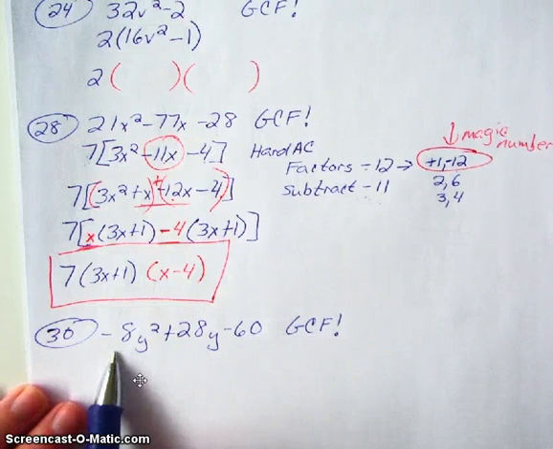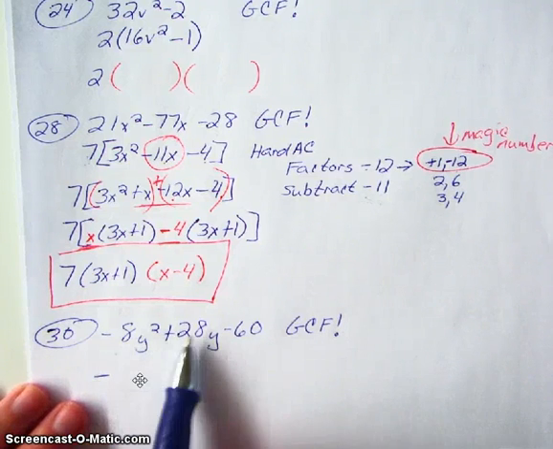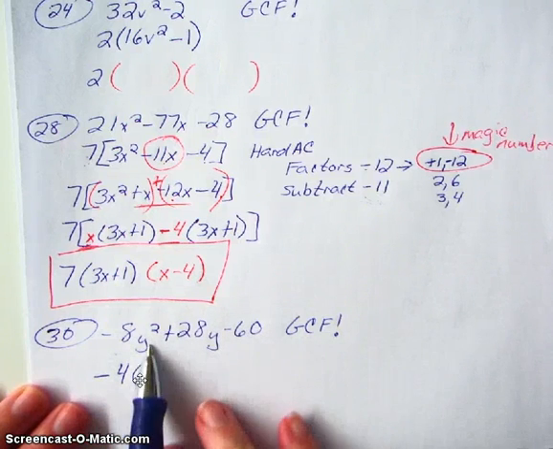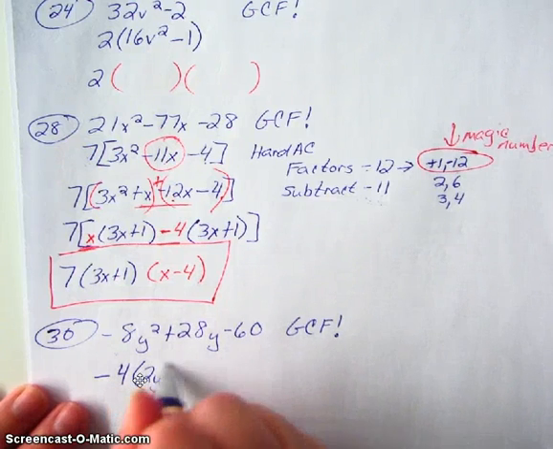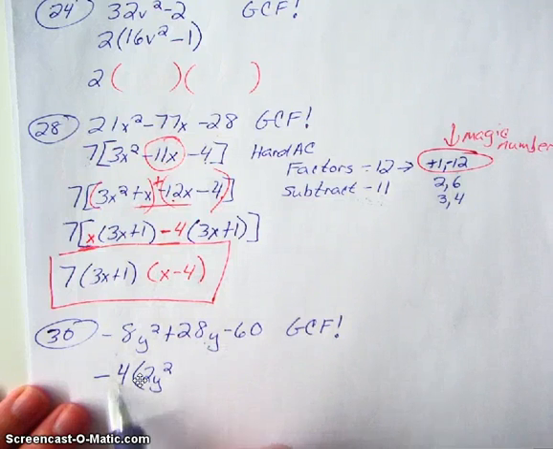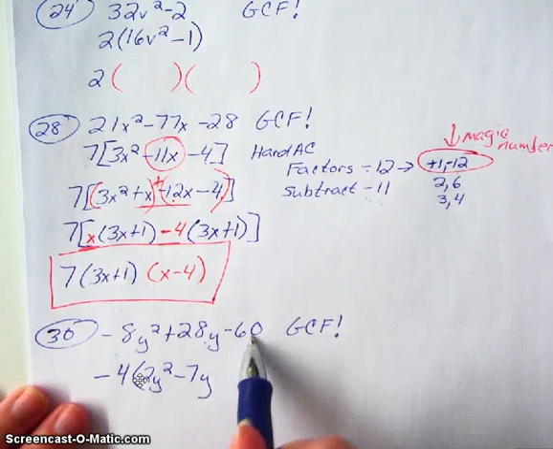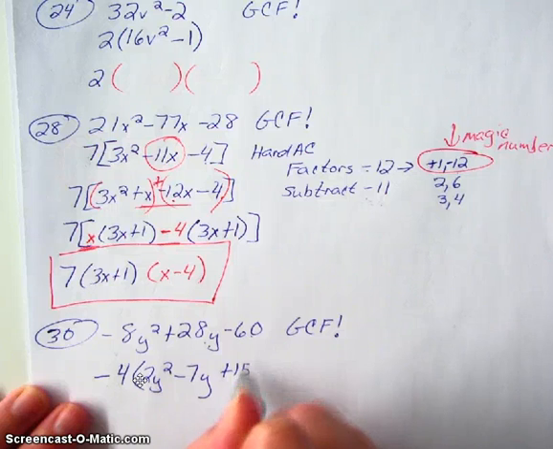So since my first term is negative, I'm going to be factoring out a negative. And I think the largest number that divides evenly into these three terms is 4. Negative 8y to the second divided by negative 4 is 2y to the second. 28y divided by negative 4 is negative 7y. Negative 60 divided by negative 4 is positive 15.